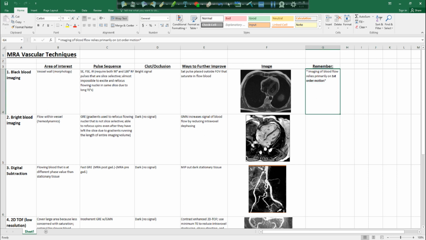One thing I want to add to this chart here is, yes, we're only really able to image first order laminar blood flow. But another thing to remember is we get flow-related enhancement.